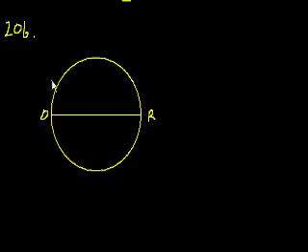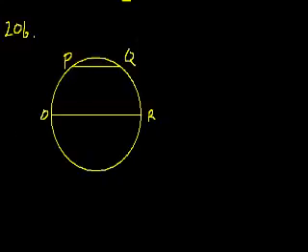And they say PQ, so they have this other line up here that they say is parallel to the diameter. So let me draw it up here. Maybe it looks something like this. That's parallel. And they call this point P, this point Q, and then they have another line that makes a 35-degree angle.